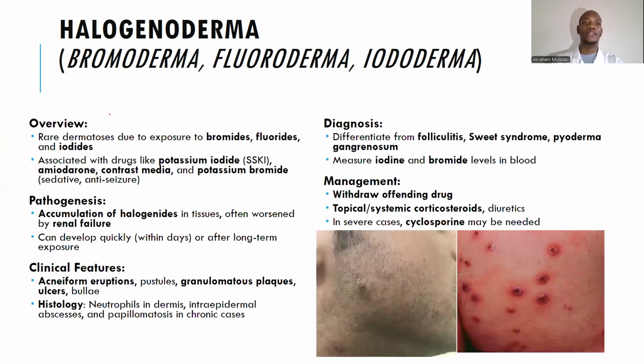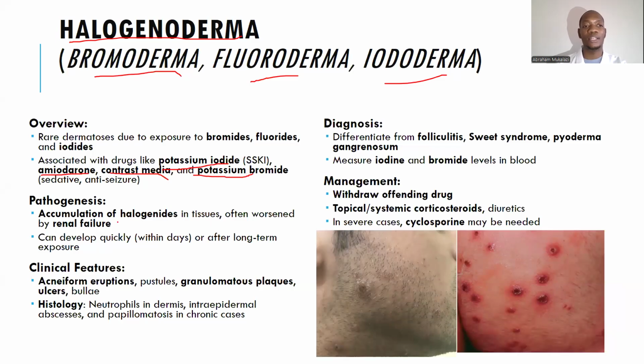So we also have halodermas, which are either induced by bromide, fluoride, or even iodine. So in this case, someone will get a skin reaction that will be due to exposure to drugs like the potassium iodide, like the amiodarone, and then the contrast media, or even the potassium bromide.